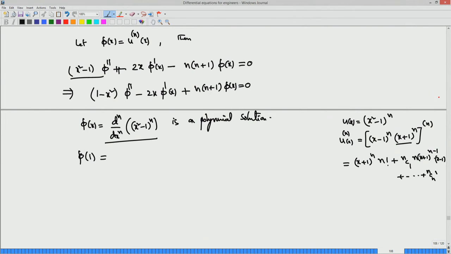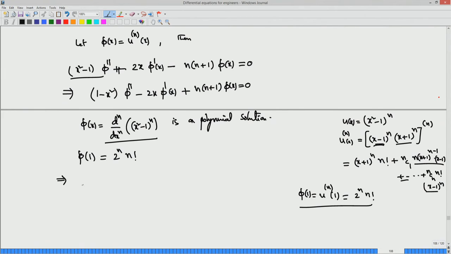So you will have n factorial, and this part you keep as it is, (x - 1)^n. So you see that the first term will have x minus 1, the second term will have (x - 1)^2, up to the last term, which will have (x - 1)^n. So the nth derivative at 1, this is your phi at 1, equal to 2^n n factorial, because all the other terms have x minus 1, and when you put x equal to 1 they will be 0. So this is how you can see that phi 1 is actually 2^n times n factorial.